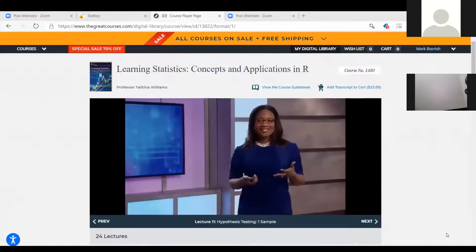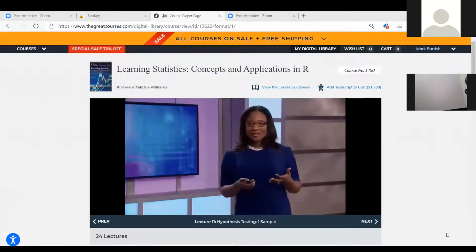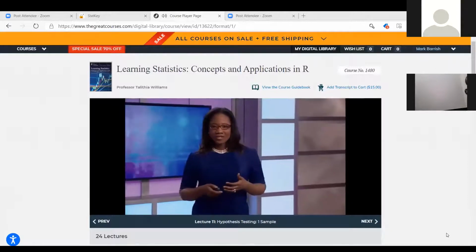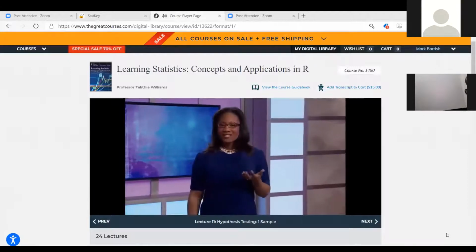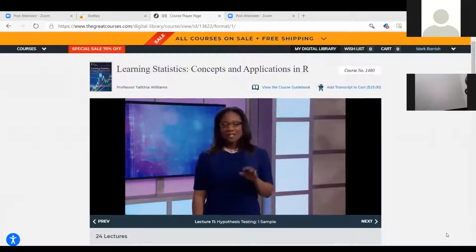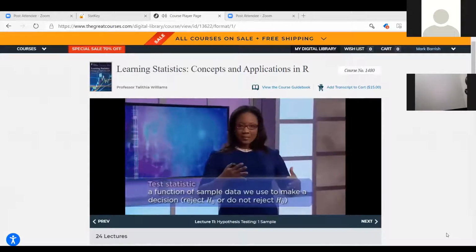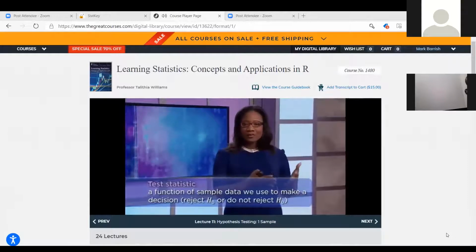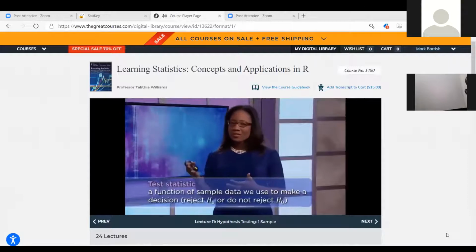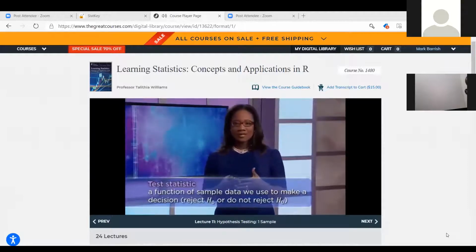Now, hypothesis testing uses our sample data to make decisions about the population. We can specify our testing procedure with the following. So first, we're going to need a test statistic. Now, this is going to be some function of our sample data that we're going to use to make a decision, right? Whether or not we reject or fail to reject the null hypothesis.